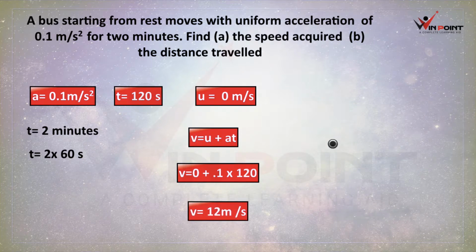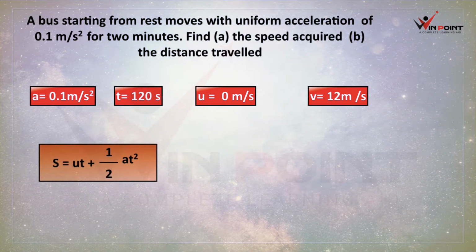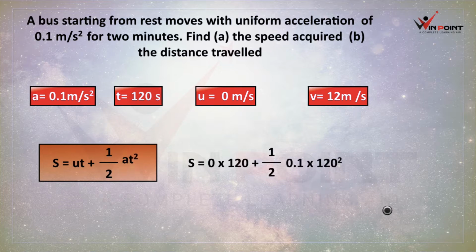The distance traveled. How can we find the distance now? The same equation, s equal to ut plus half at square. S equal to, instead of ut it will be 0 because the value of u is 0. U into t, 0 into 120, is 0, plus half into, instead of a we can use 0.1, into t square, 120 square.